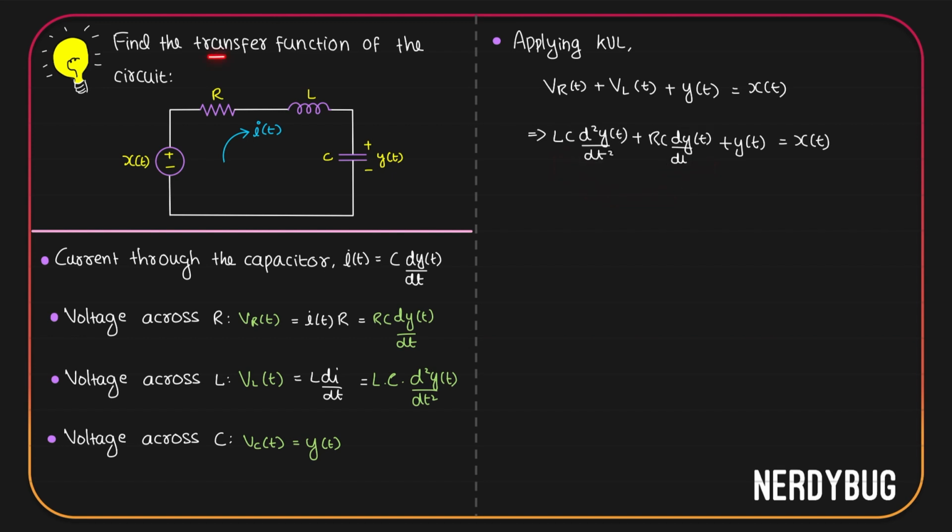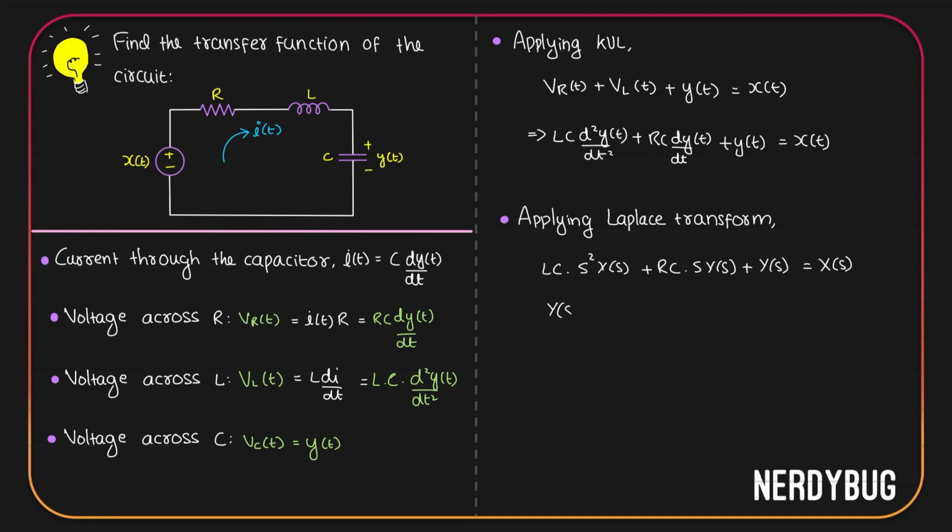The question is to find the transfer function. For that we have to apply Laplace transform. Then we get LC multiplied by Laplace transform of d²y(t)/dt², which is s²Y(s), plus RC multiplied by Laplace transform of dy(t)/dt, which is sY(s), plus Laplace transform of y(t), which is Y(s). This is equal to Laplace transform of x(t), X(s).